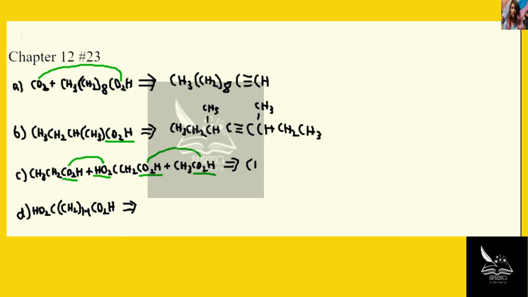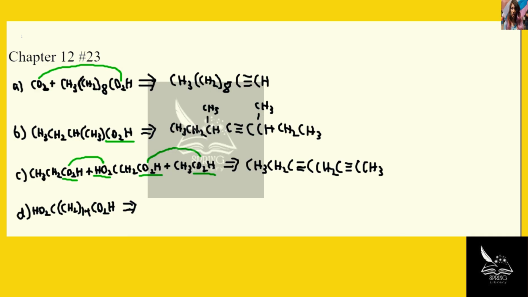And so that's going to look like this. There's our first piece joined to our second piece. Here is our middle piece joined to our third piece. Okay, and so that's what C is going to look like.